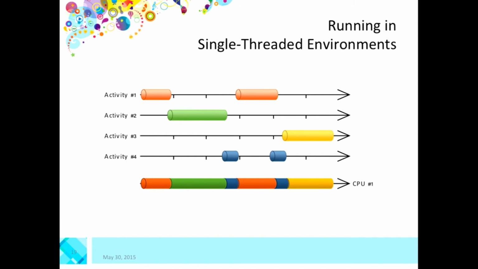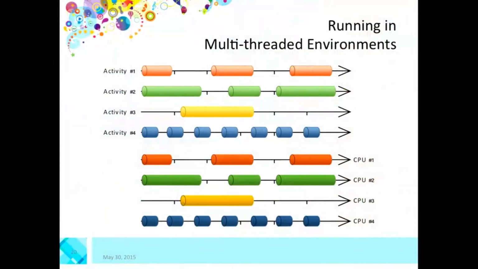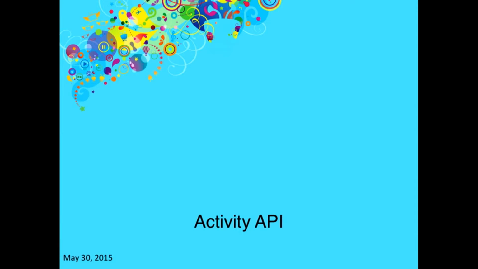And when you program using the activity model, your code will be run like this on single CPU machines. However, if you have a 4 CPU or a multi-threaded system, then your multi-activity code will be able to be mapped to all those separate resources and run separately. Okay, so if that was as clear as mud, it's somewhat clear.